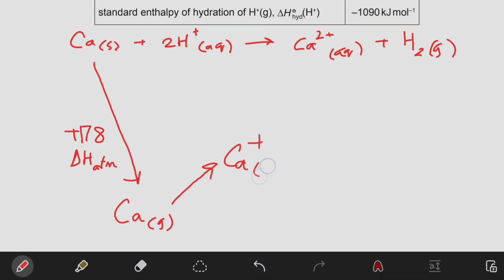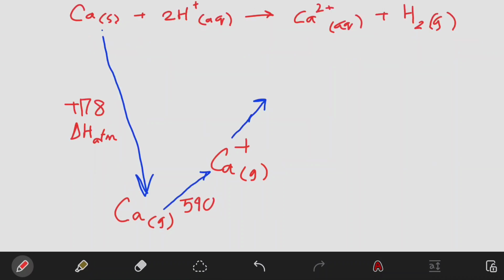First, Ca plus gas, here will come the first ionization energy, which is 590 from the data booklet. Now the second ionization energy, Ca 2 plus gaseous. This is very important, to write the states. The second ionization energy is 1150.